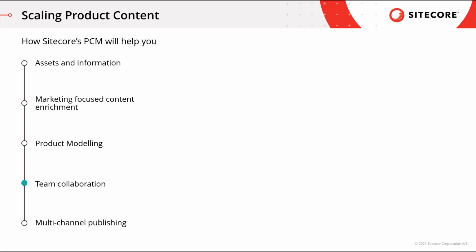All that we have discussed today is vital to producing excellent product content, but as we all know, no great product is built without the support of the many teams that are involved in getting it out the door. This is why Sitecore PCM brings collaboration into the view of the products to centralize and streamline the processes around product production. It begins by providing state-based workflow tools that can be modeled to fit your business processes.